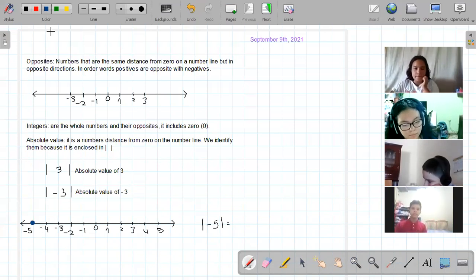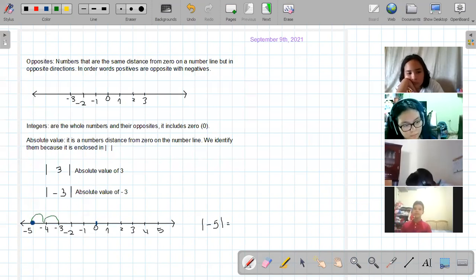So I need to count the distance from -5 all the way to 0, and I'm going to place the little line like this in blue. And I'm going to count how many spaces I have. So let's count: 1, 2, 3, 4, 5. So we have 5 units. So the absolute value of -5 is?